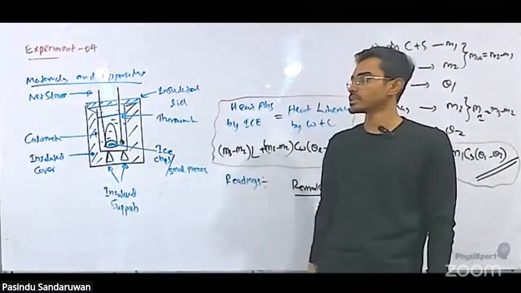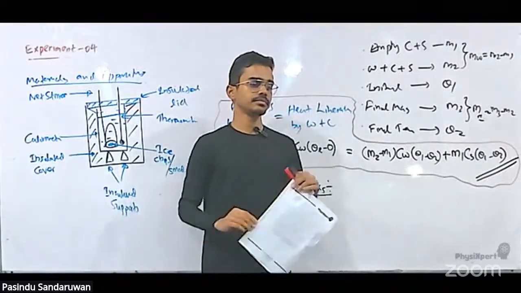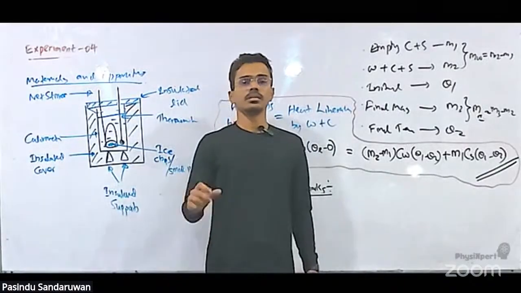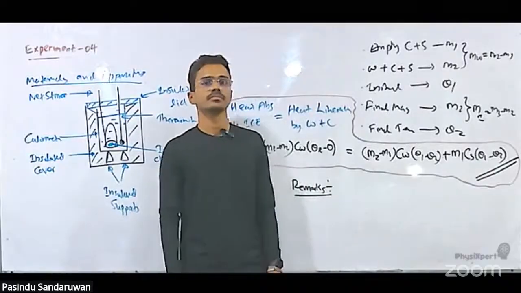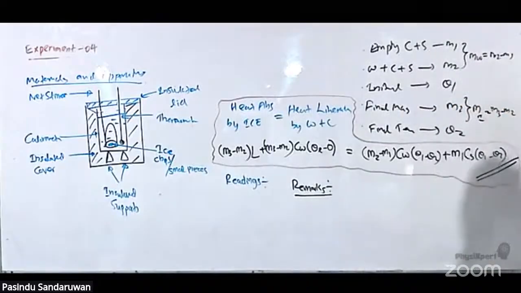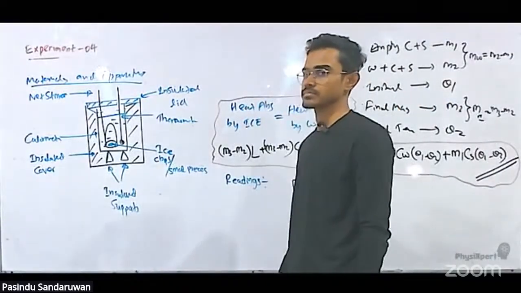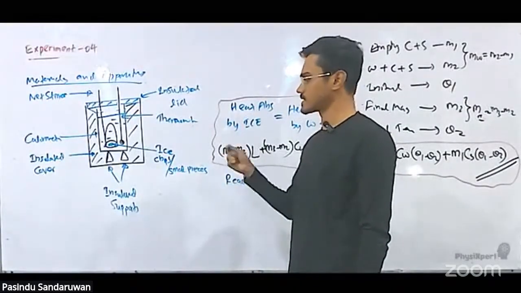Right. Next point. Heat loss to environment by conduction, convection, and radiation should be minimized, as discussed before.